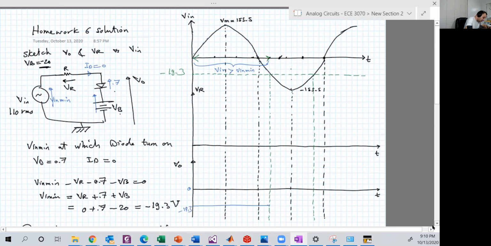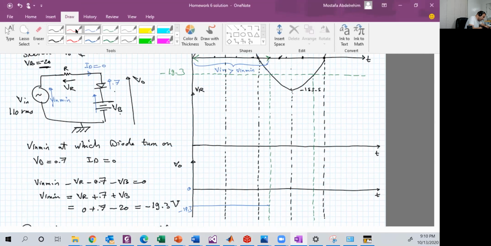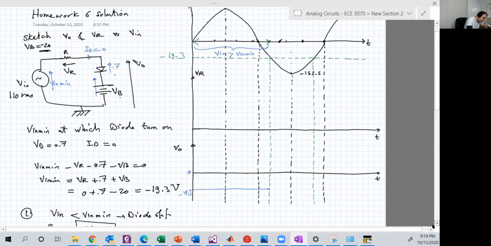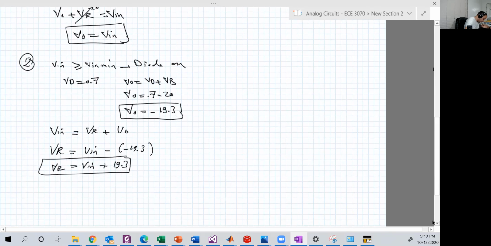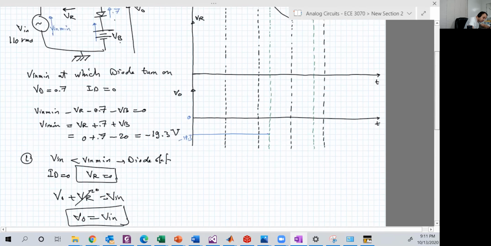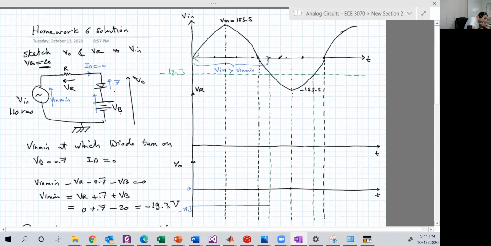And the VR, let's draw it with another color, red for example. VR is equal to V input plus 19.3. So what you're gonna do here, you're gonna add any value here in V input to 19.3. For example, at 0 here, the input is 0, so 0 plus 19.3 will give you positive 19.3.